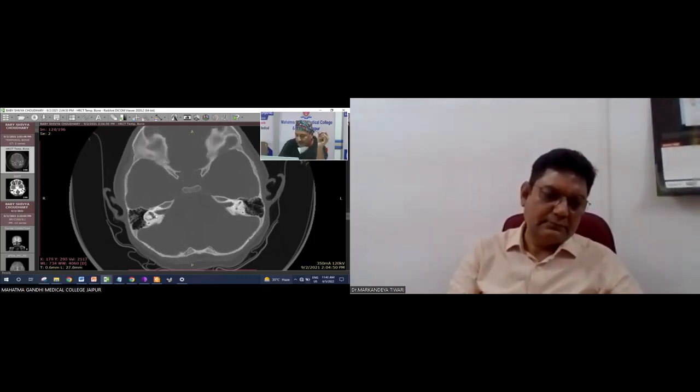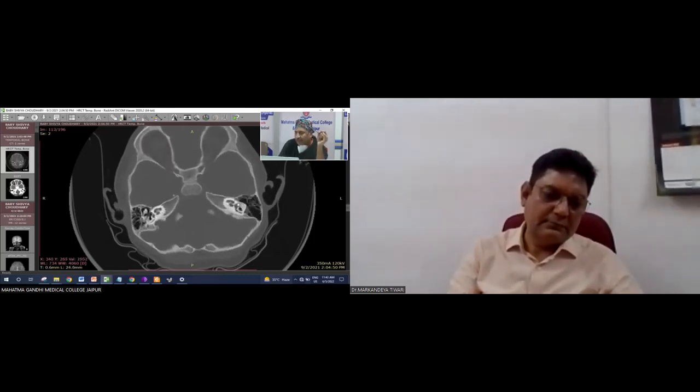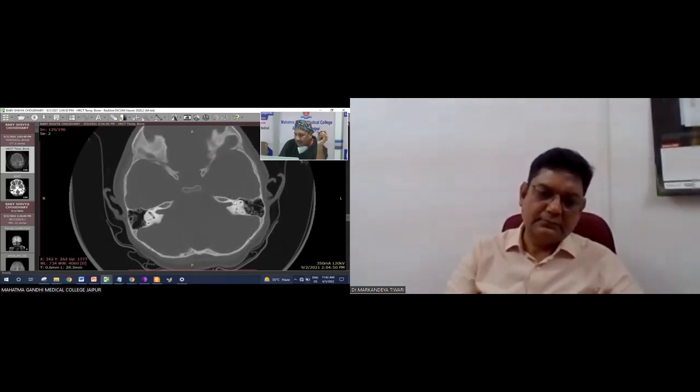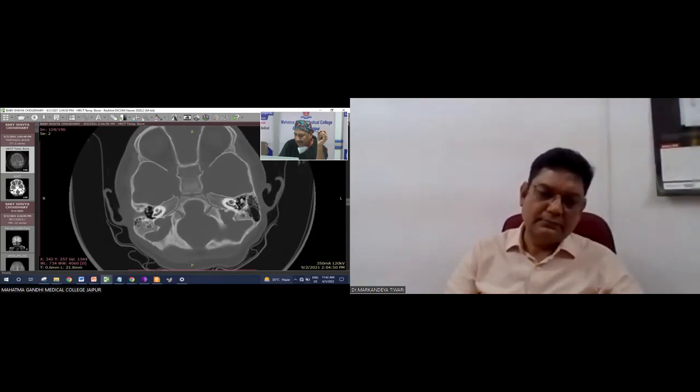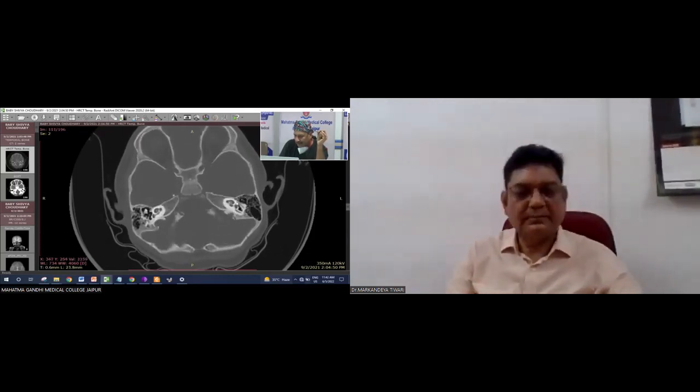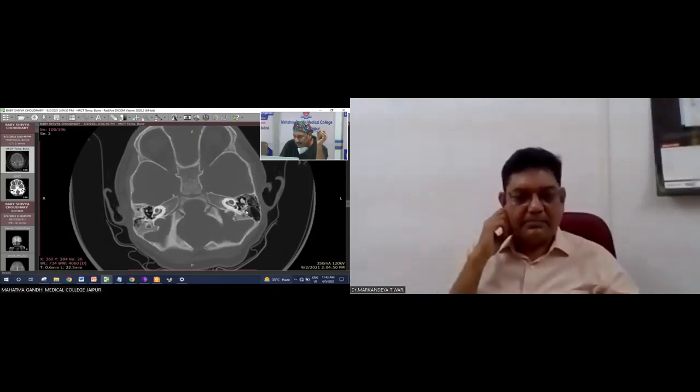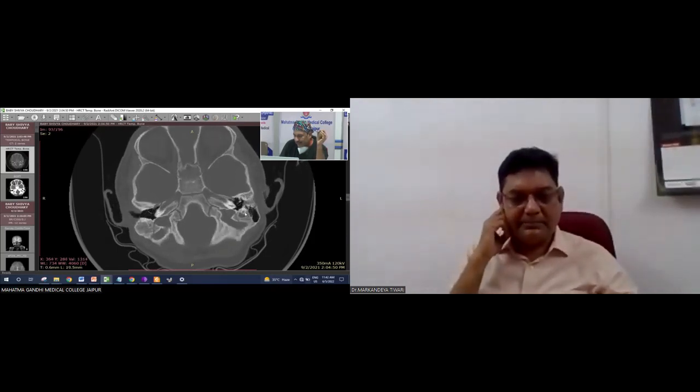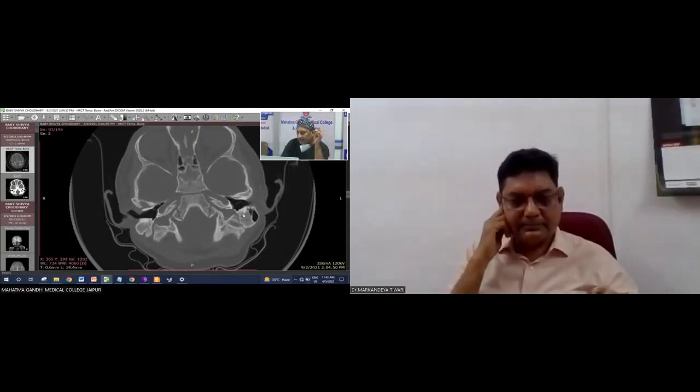So this is important to look at the CT scan, the anatomy of the facial nerve, the entire course, right from the labyrinthine segment here to the horizontal segment here, that is on the right side, that is second genu, and this is the facial nerve here at the vertical segment.